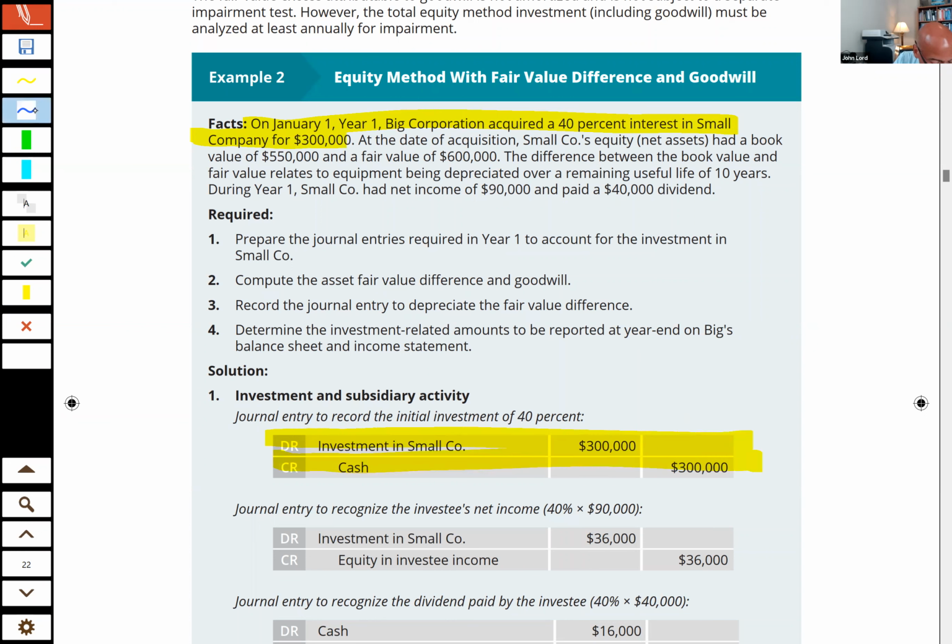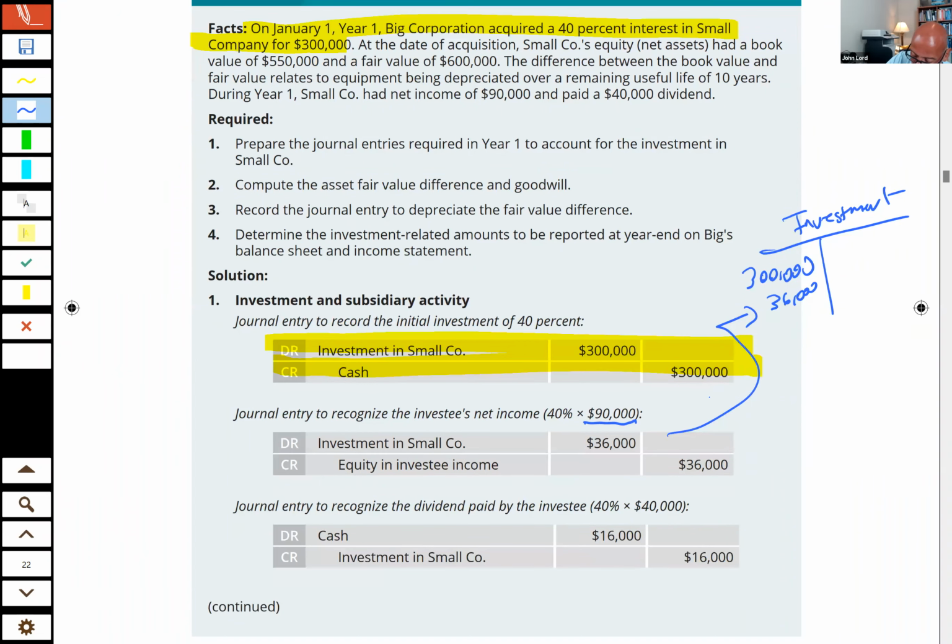So the investment account here has $300,000 debit. They report $90,000 of net income. So we're going to take 40% of that, $36,000. That gets debited into the investment account. Equity investee income is reported on the income statement, right?